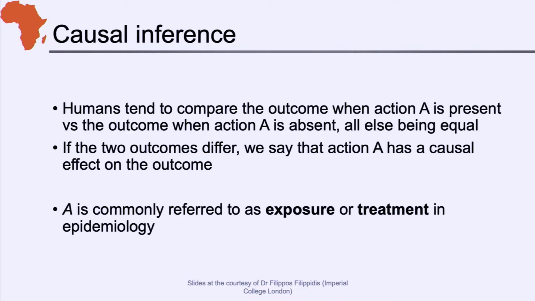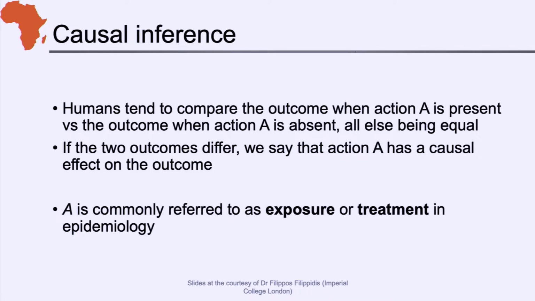When we look at causal inference, humans tend to compare the outcome when action A is present versus the outcome when action A is absent, all else being equal. If the two outcomes differ, with one being exposed and the other unexposed, then we can say that action A has a causal effect on the outcome.